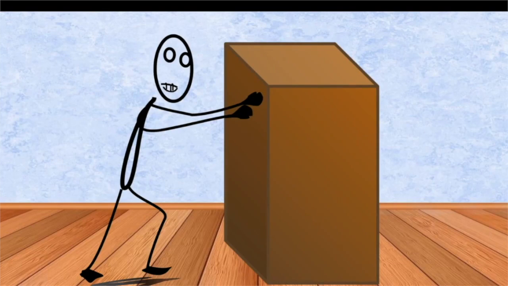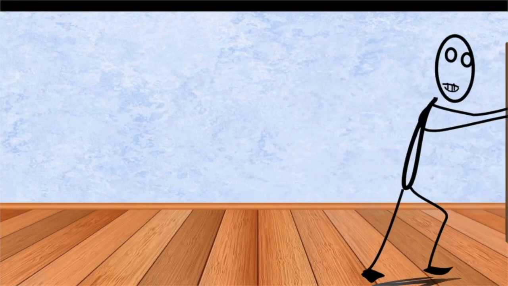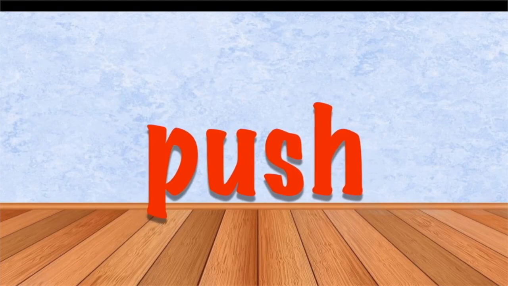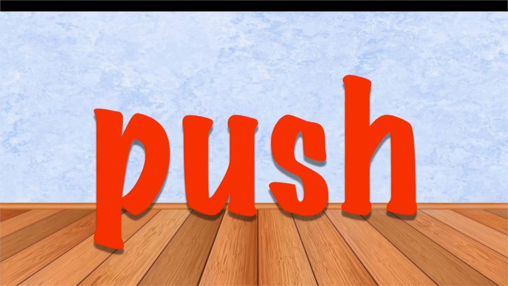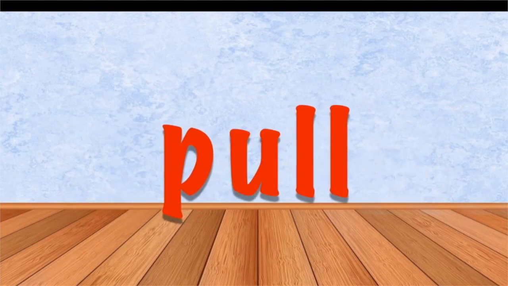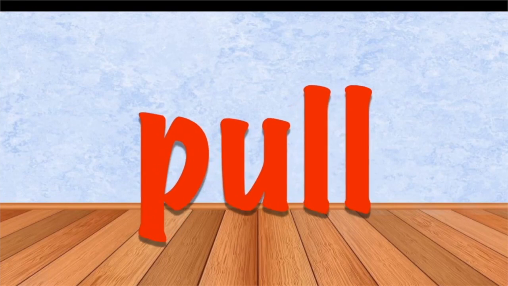Let's look at another example. Which type of force is being used? The box is moving away from the person. The force is push. Which type of force is being used here? The box is moving toward the person. The force is pull.